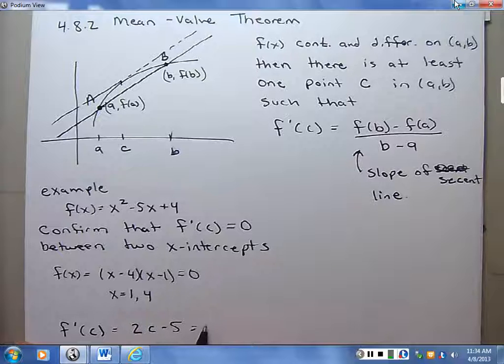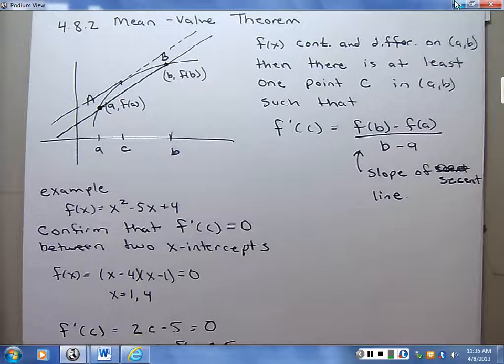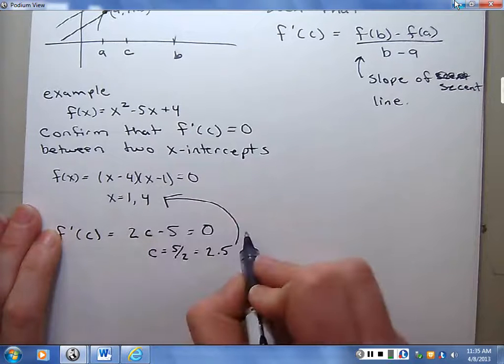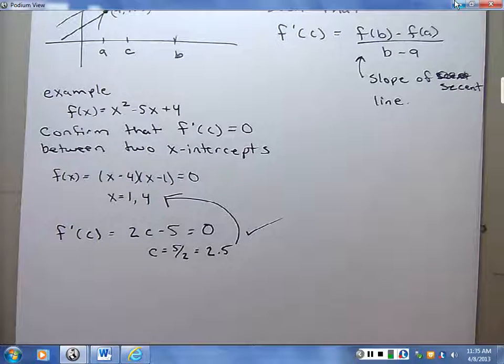Set that equal to 0 and solve for C. C would be 5 over 2, which would be 2.5. Oh, sorry. 2.5 is in this interval, so we've confirmed it. The derivative of the function equals 0 at 2.5, which is in between the x-intercepts of 1 and 4.